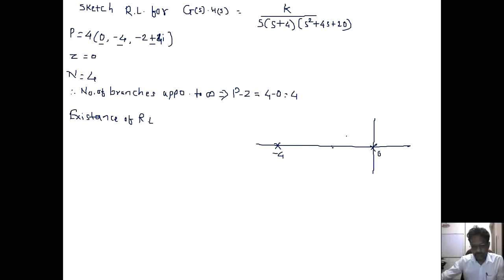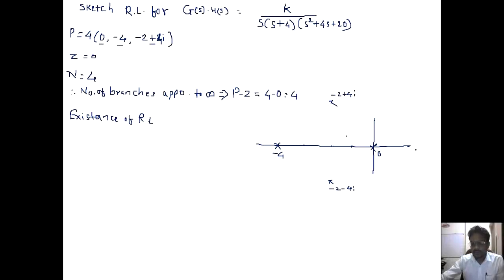Suppose here is -2 plus 4i, and -2 minus 4i here.